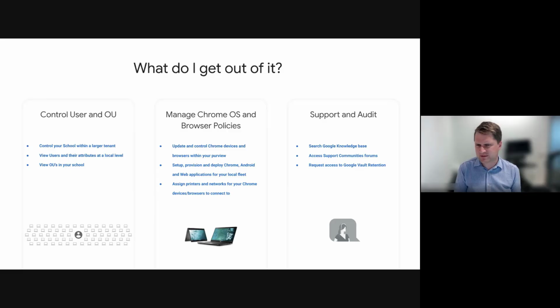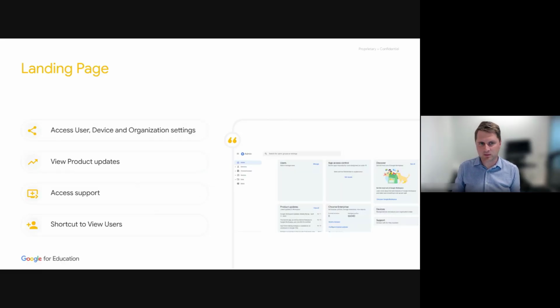You can also update and control your Chrome devices within that school, set up, provision and deploy Chrome and Android web applications for your school, and assign printers and networks to your Chrome devices. You also have access to the support console.